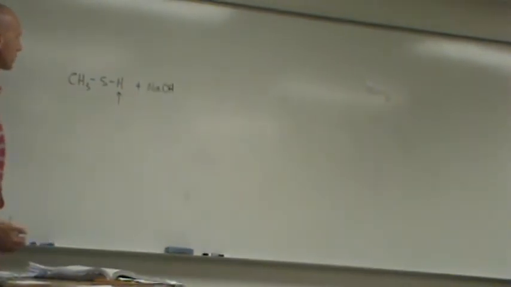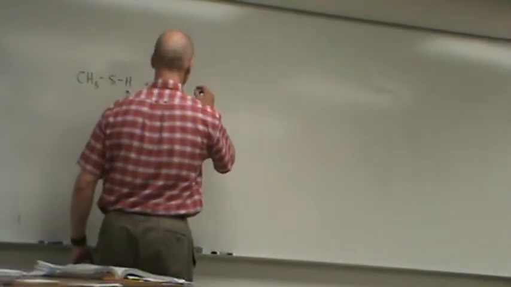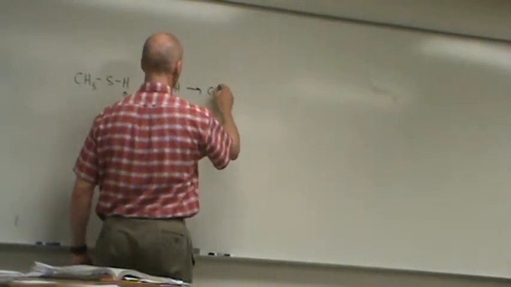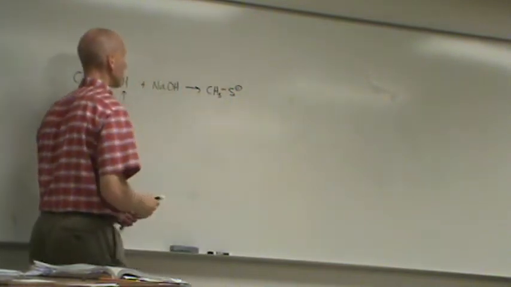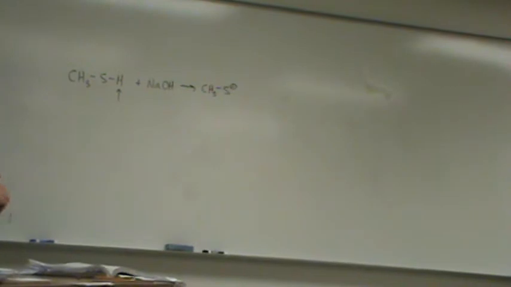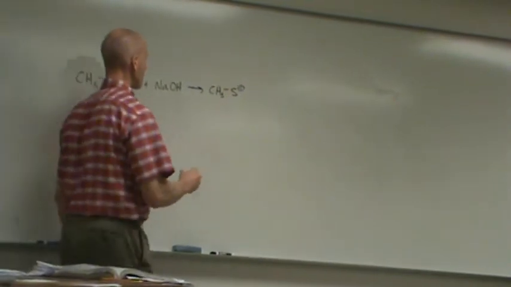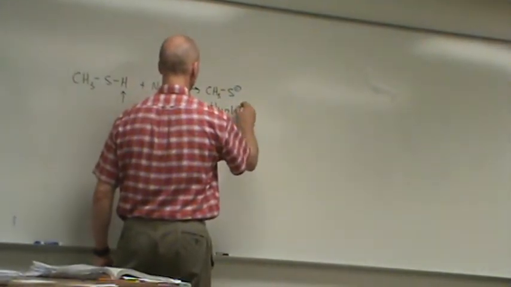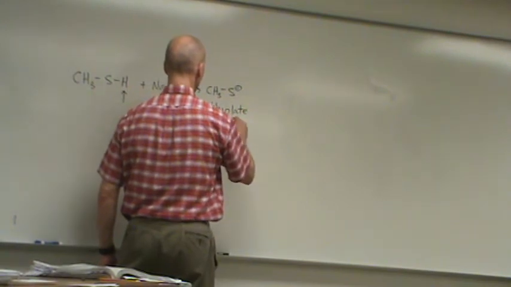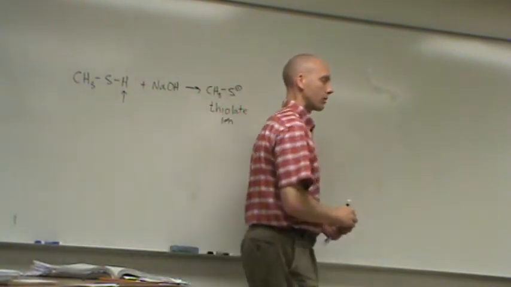So if we reacted with base, it could easily remove that and give you the S minus. This is what's called the thiolate ion.